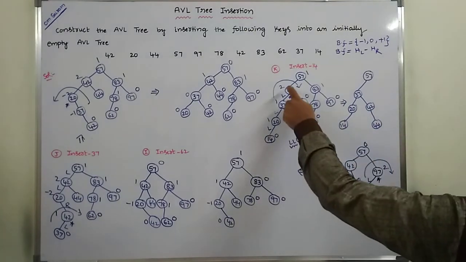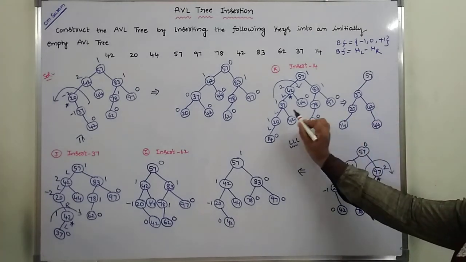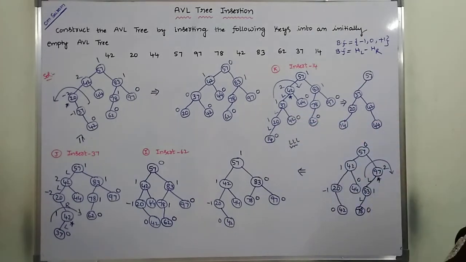Now here 42 right child is 44. Okay. Now 44 completed. Next 37 right child is 42. Okay. Now 37 right child is 42.